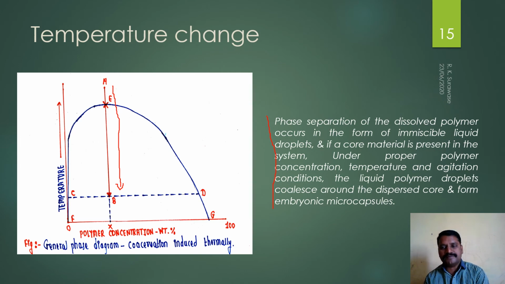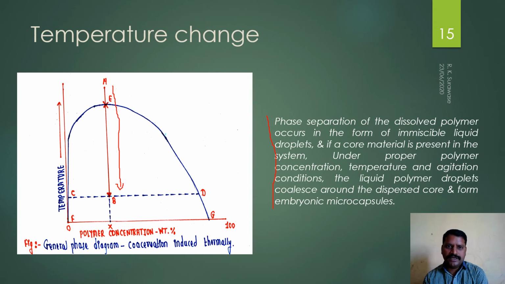And the third step is the rigidization of the N-acetyl para-aminophenol with the coating material ethyl cellulose by cooling, and finally by decantation or filtration we can separate the microcapsules.